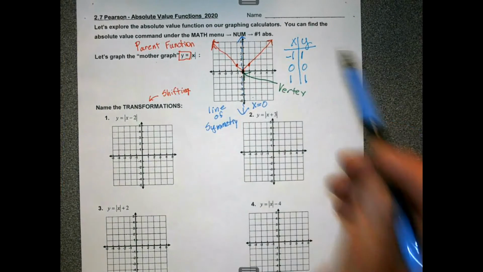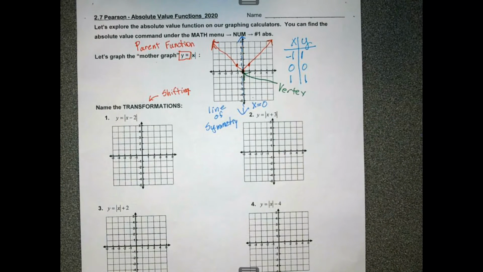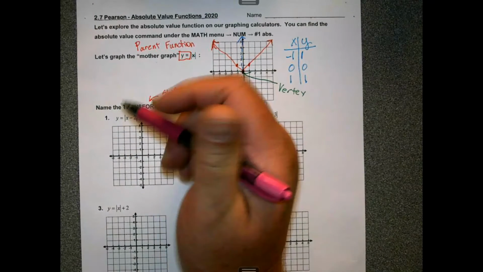Now, there's some general rules we can use for transformations. Remember, we're going to be applying these to the different functions throughout the course, right? So here's some general rules.